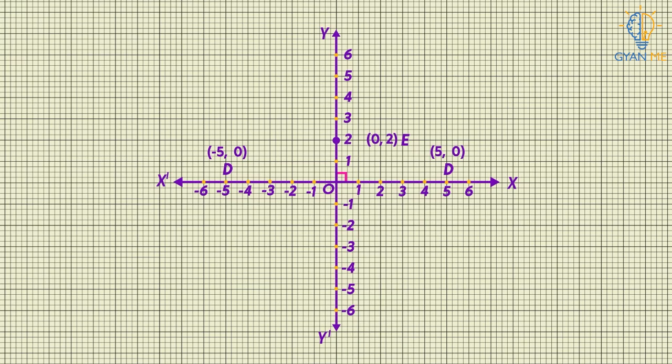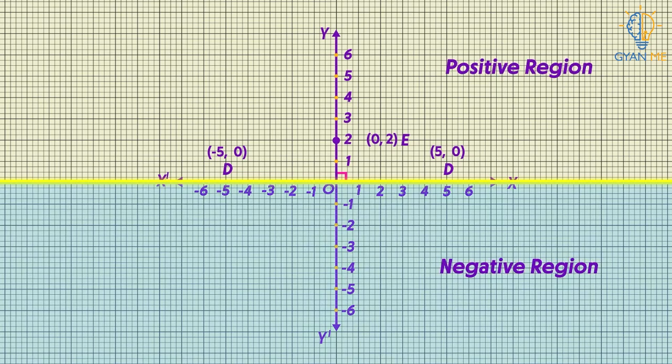Yes, here consider x-axis as mirror and just flip the side of point E from positive region of y-axis to the negative region on the y-axis. And we get the coordinates of reflection point as (0, -2).